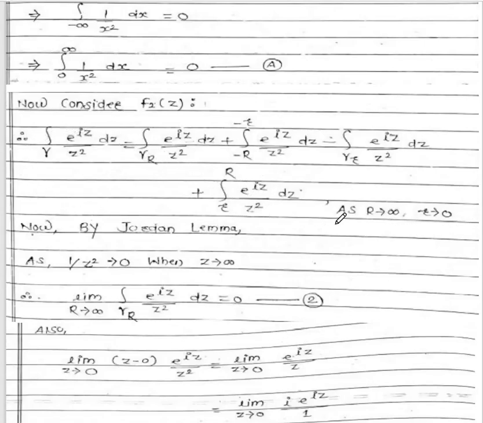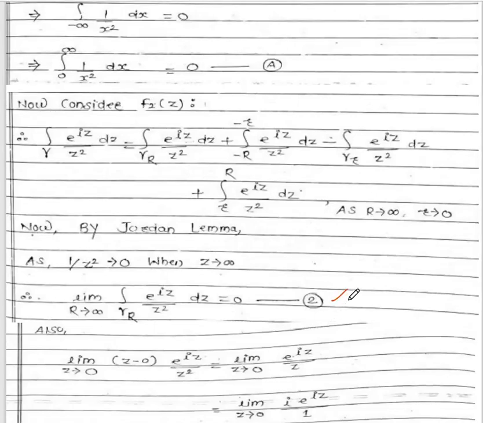In a similar manner, we can write these steps. Now by using Jordan's lemma, 1 upon z square tends to 0 when z tends to infinity. Therefore the limit as R tends to infinity of the integral over gamma R of e to the power iz upon z square dz is equal to 0. So this is equation number 2.